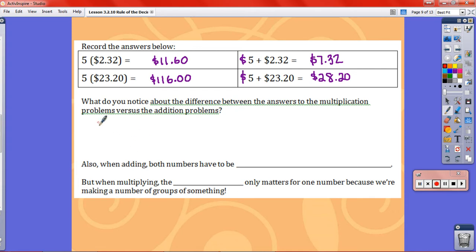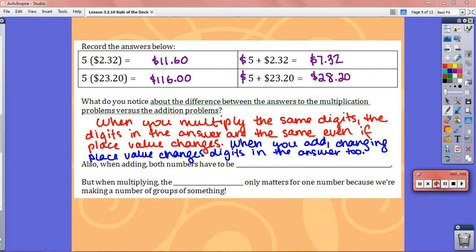So when you multiply the same digits, the digits in the answer are going to be the same, even if the place value changes. So these are the same digits in both, but the place value changed.